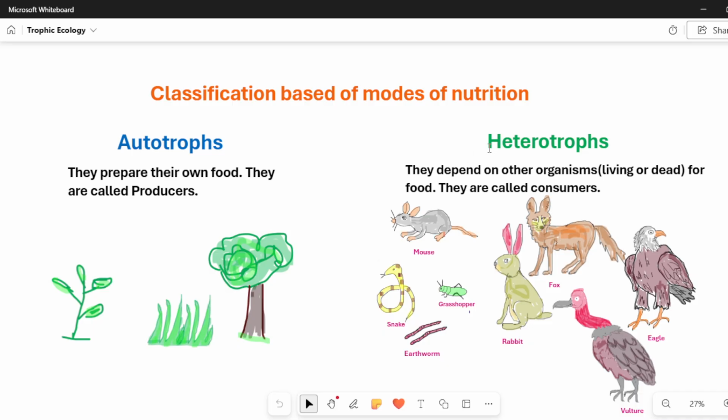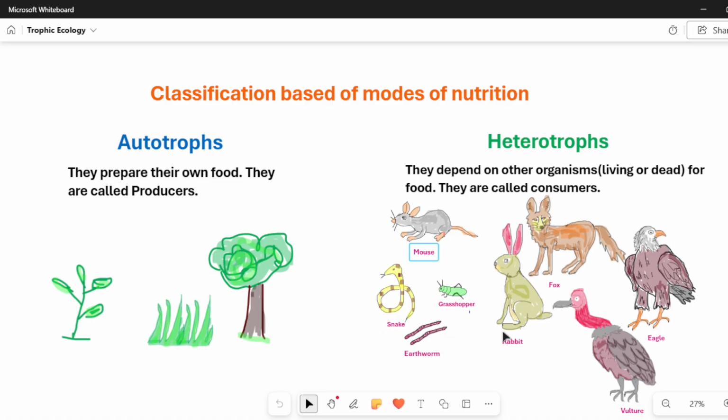The other category, the organisms which cannot produce their own food, are called heterotrophs. They depend on other organisms, whether living or dead, for food. They are also called consumers.